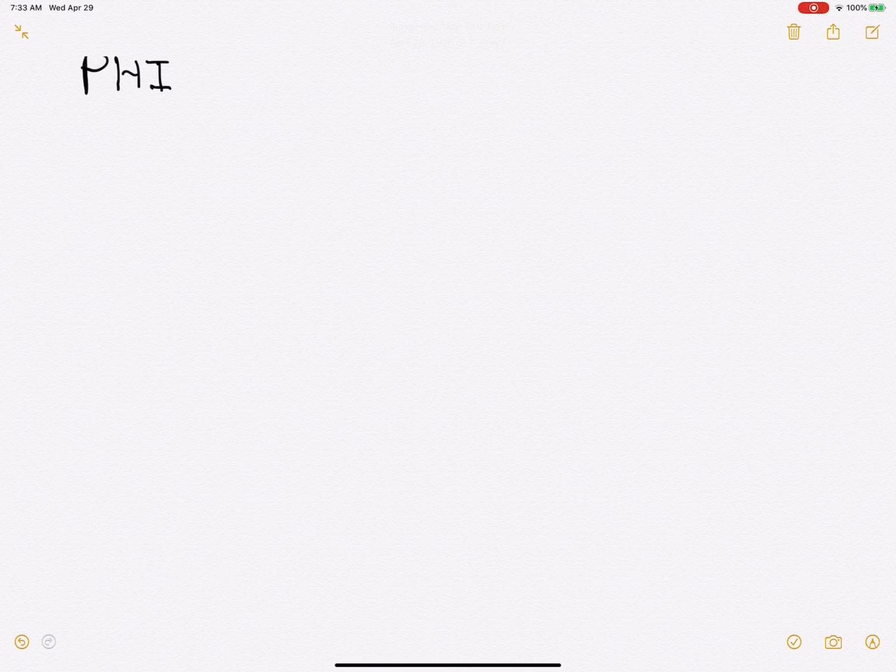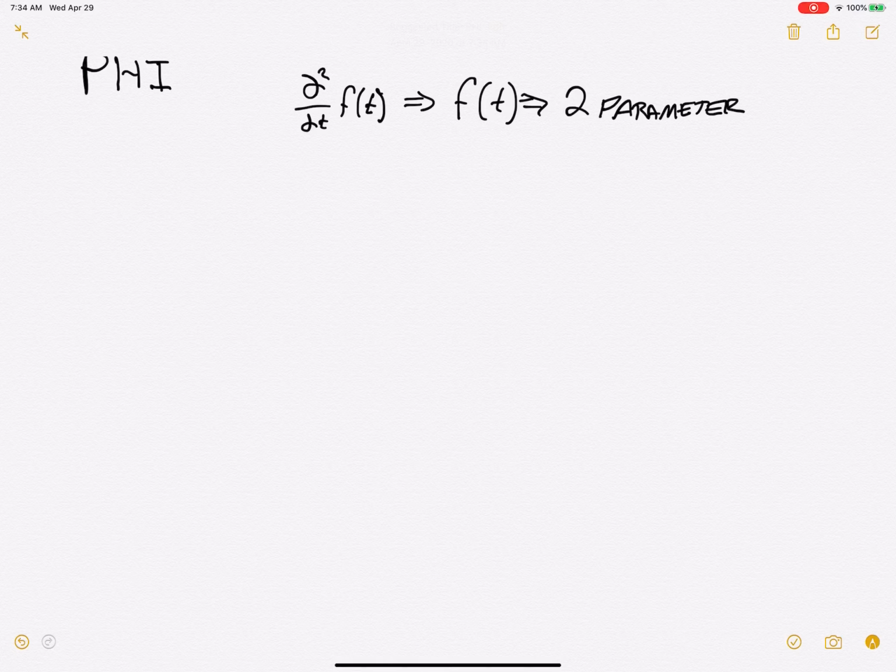One of the rules of a second order differential equation of any function f is that the solution of f needs to have two variables, two parameters actually, that are left undefined until they are applied to a specific system.